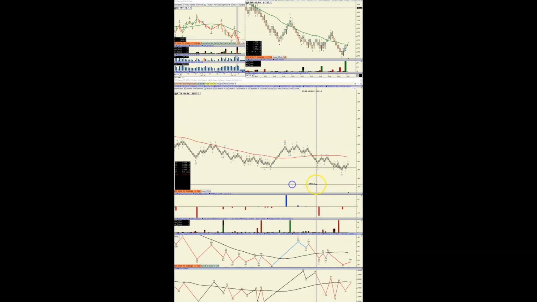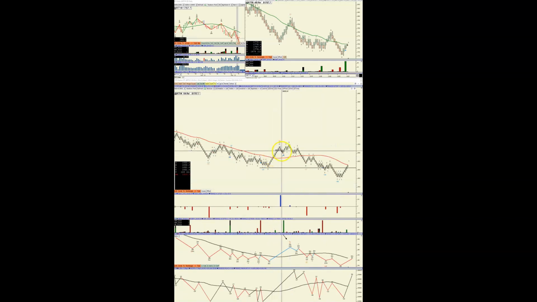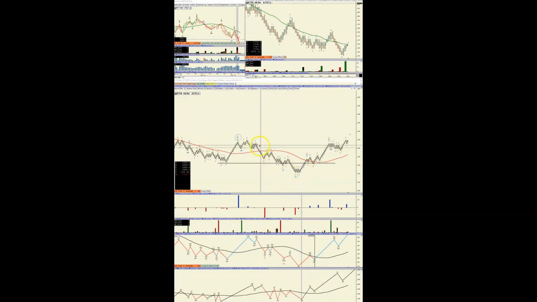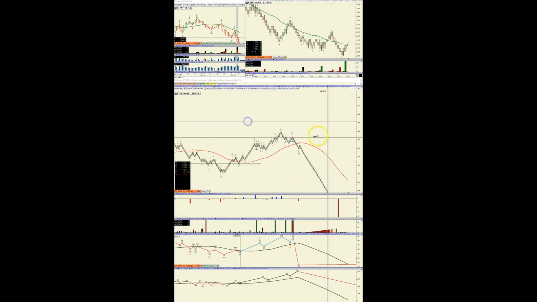There's the expansion in thrust, supported by stocks and supported by volume. Then it's just a matter of when this thing is going to come back, test and reverse. So in this case, it went all the way back, did a spring, and then rallied.